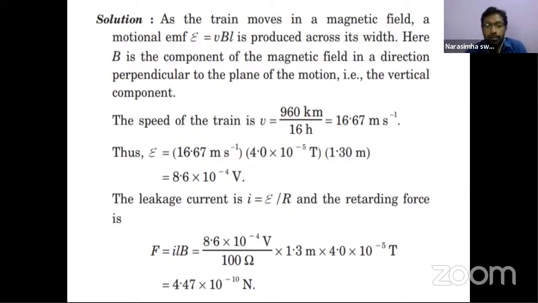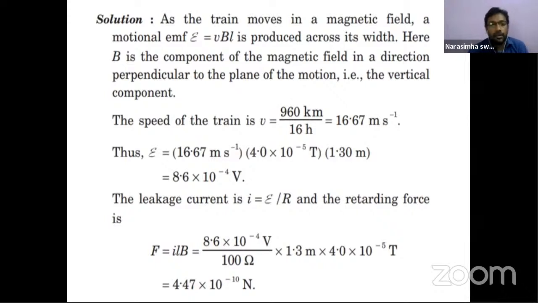Width is 130 centimeters. Here B is the component of the magnetic field perpendicular to the plane of motion. For example, if the motion of the train is along the x-axis, then perpendicular to that is the vertical component of the magnetic field that we need to consider.